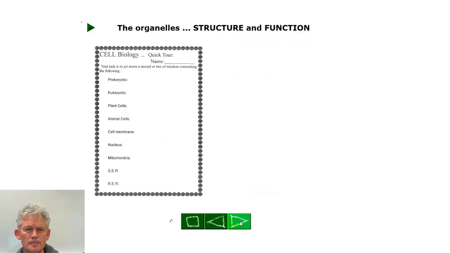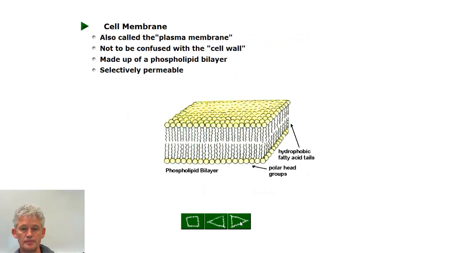and we're moving on. So cell membrane, also called the plasma membrane, not to be confused with the cell wall. You don't have a cell wall in an animal cell. Again, it's made up of a phospholipid bilayer. Bi just means two. So you've got these polar heads facing water on both sides, and then these lipid tails which face each other. This end is said to be hydrophilic.